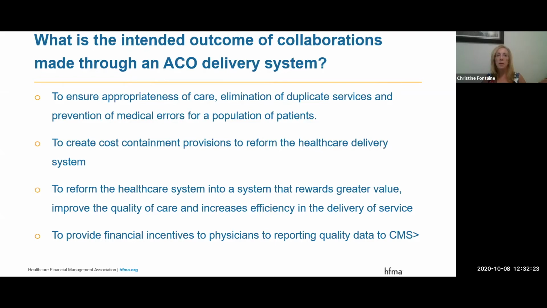By meeting established benchmarks for quality and efficiency, participating organizations may receive a share of the savings generated by reducing duplicative services, improving productivity, minimizing paperwork, now wouldn't that be nice in healthcare, and other cost efficiencies, decreasing administrative burden.